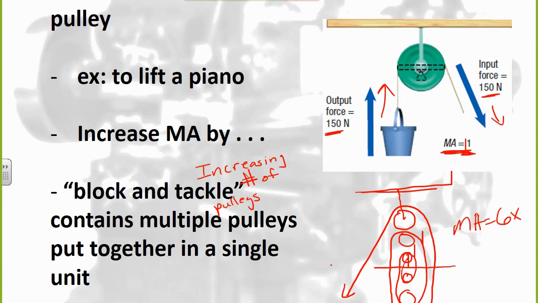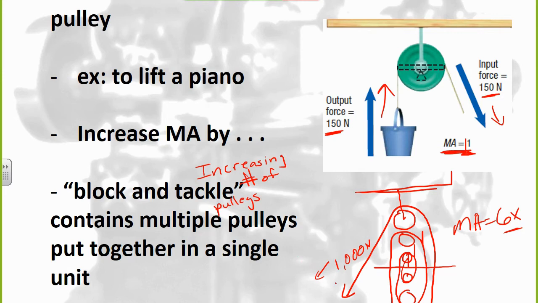Less than 200, right? I'd be pulling less than 200 down in this direction because my mechanical advantage is going to give me 6 times the strength. Now, what's the disadvantage there? Well, I've got to pull on this thing a lot, right? I'm going to make this example easier. I'm going to say 1,000 newtons is what you're actually having to pull. Pulling down 1,000 newtons, it's going to lift up 6,000 newtons.